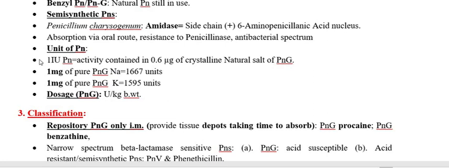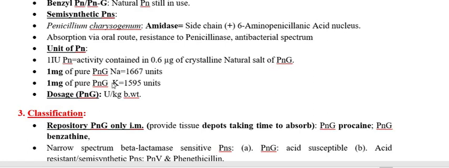So 1 unit of penicillin is equal to 0.6 microgram of crystalline sodium salt of penicillin G. So 1 milligram of penicillin G sodium is equal to 1667 units.